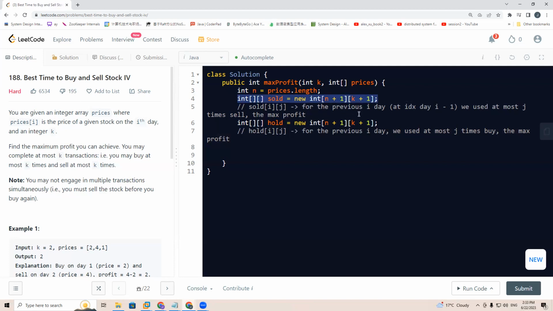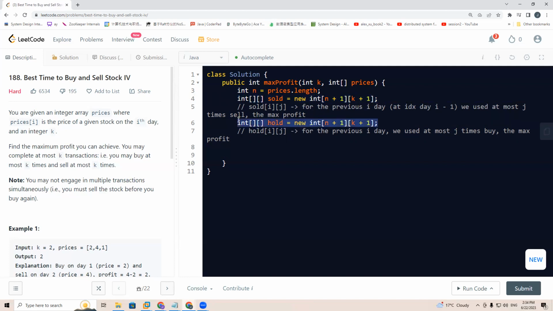Otherwise its meaning would be that we have stock which we bought at a previous higher value and sold at a low value.